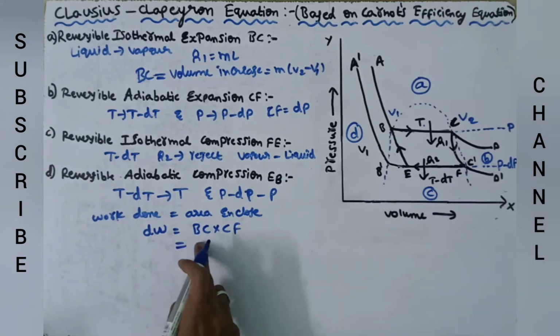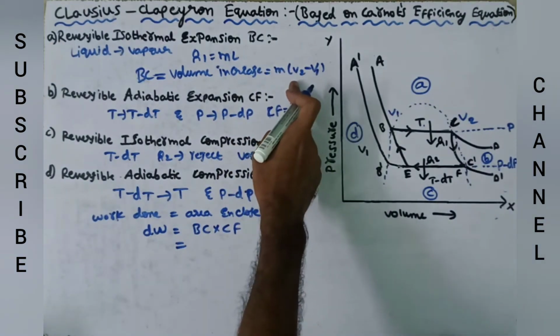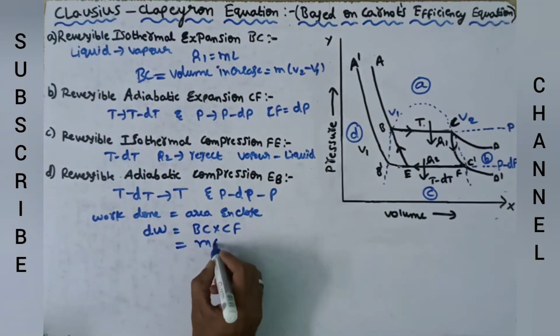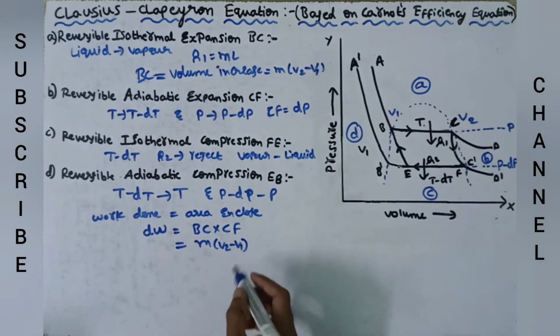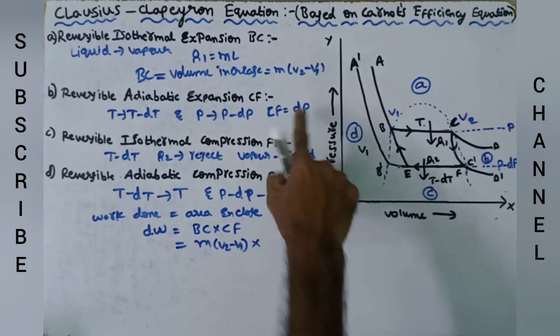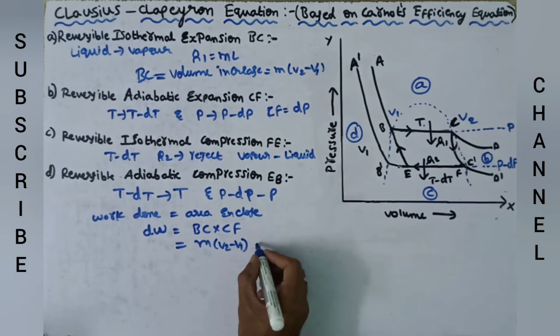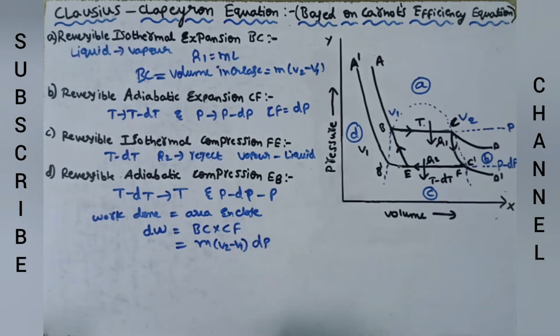In the place of BC we can write m into (V2 minus V1). In the place of CF we can write dP. So this becomes the work done, dW.